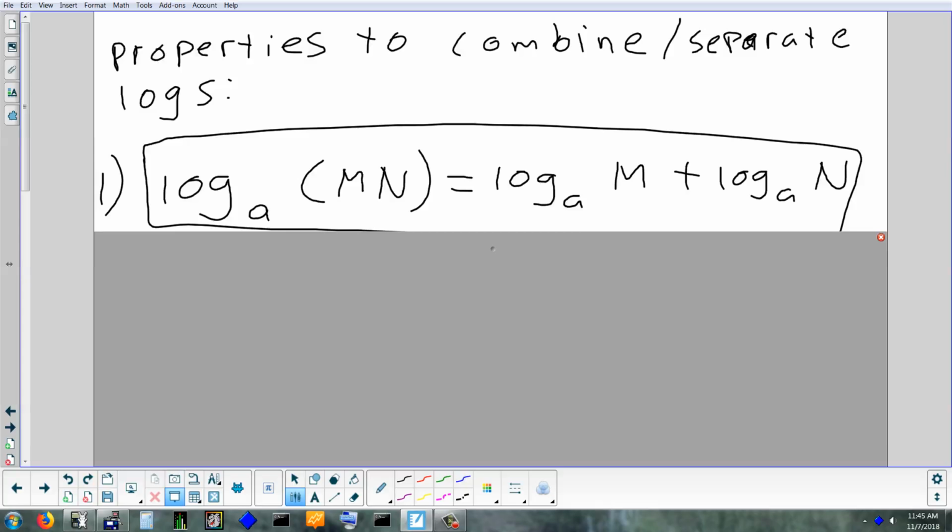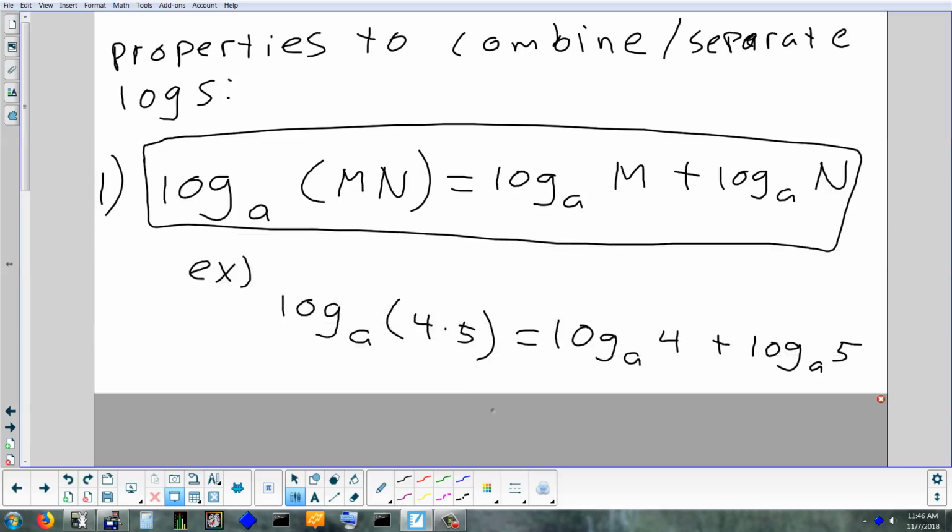The more factors you have in your product, the more terms you'll have when you split it. If you just have 2 factors, it splits into 2 terms. A product splits as a sum. Notice the base stays the same. Whatever the base was when you started, it's exactly the same when you split it.